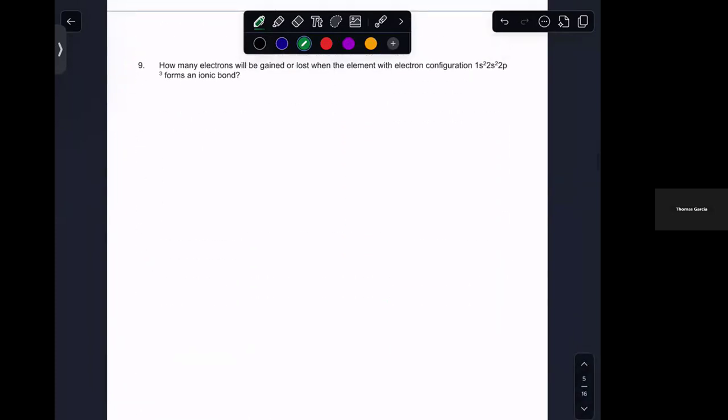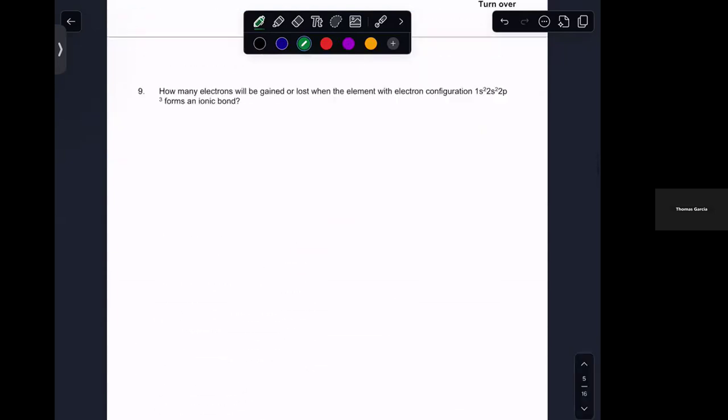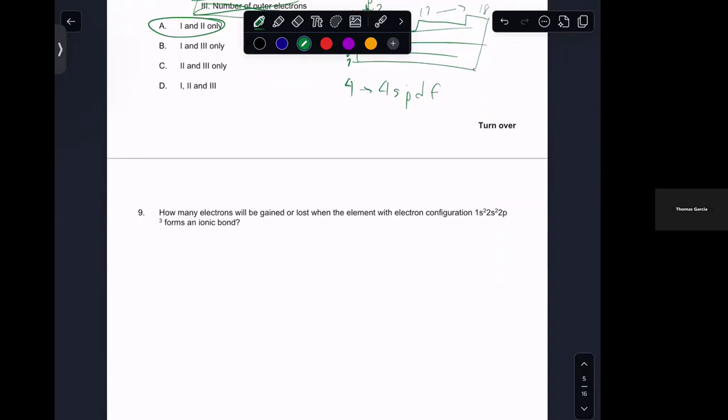Moving to number 9. I think our answers got shifted. I don't know why that happened. How many electrons will be gained or lost when an element with the electron configuration 1s2, 2s2, 2p3 forms an ionic bond? Looking at the valence shell, that's energy level n equals 2.